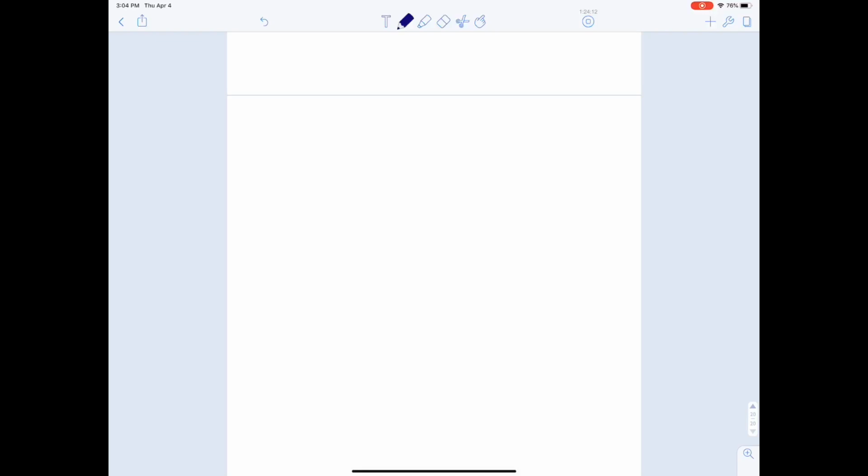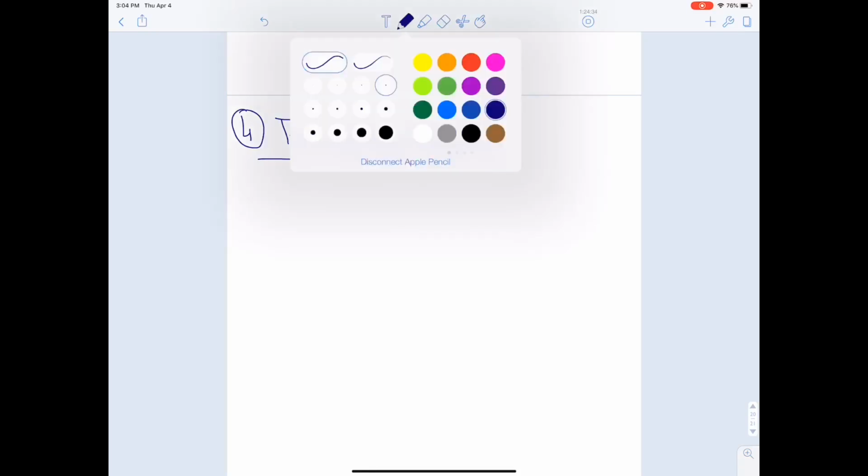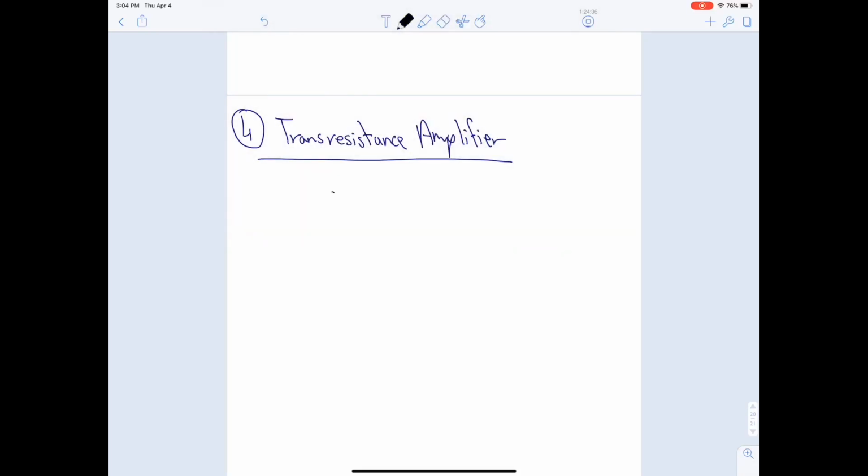Okay, last type of amplifier, and we will end this video. Number 4, the transresistance amplifier. So how does the transresistance amplifier look like? It looks like this, with Ri.